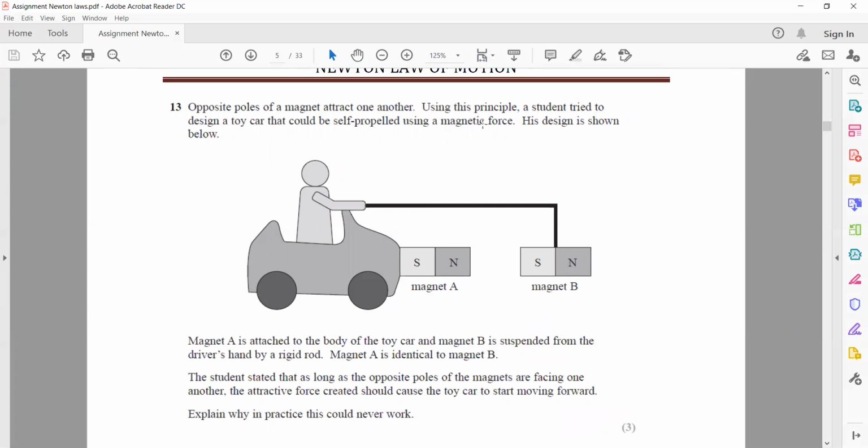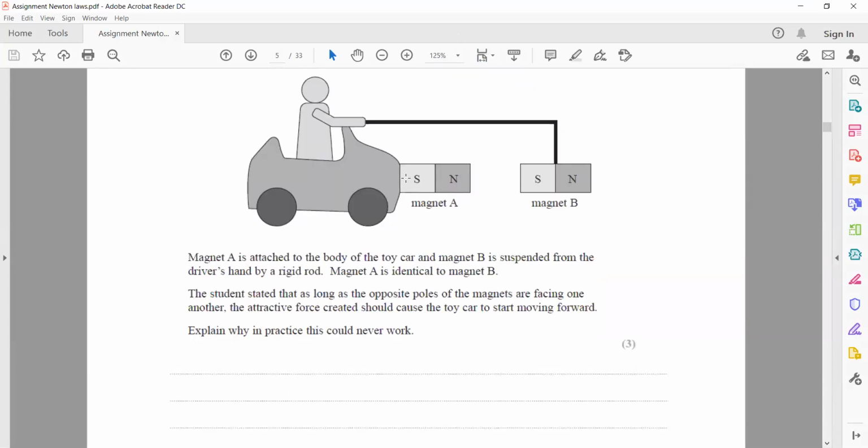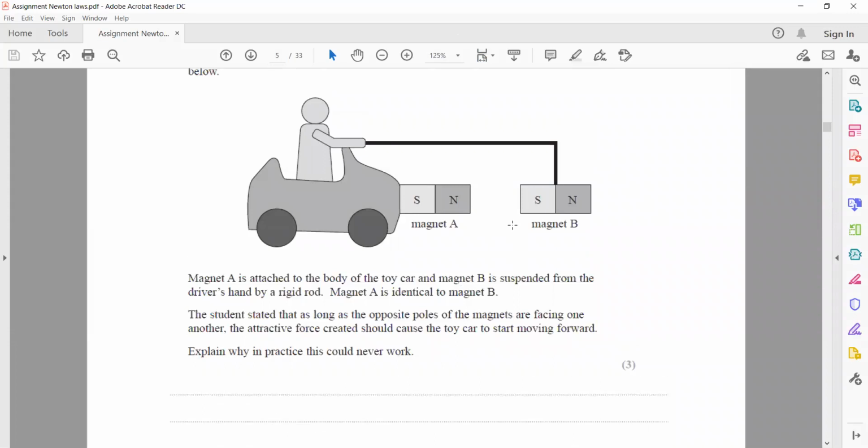Why in practice could this never work? In reality, this will never work. The student suggests it, but this will not work. Why? Because what happened? There should be a resultant force on the car to move.